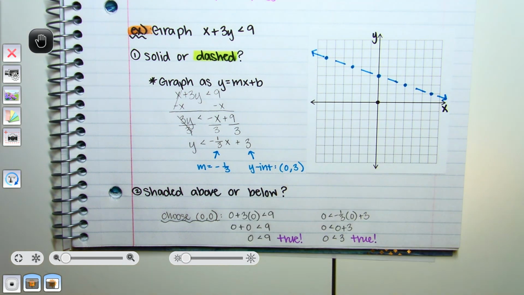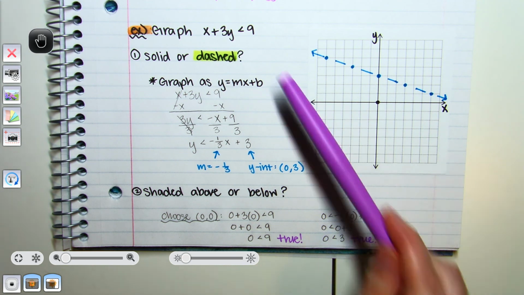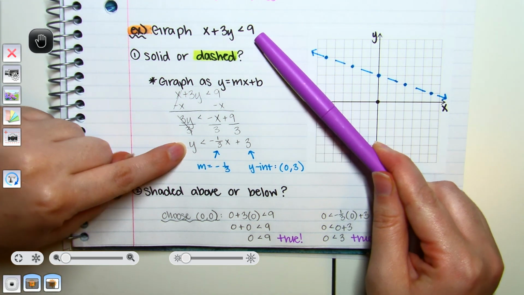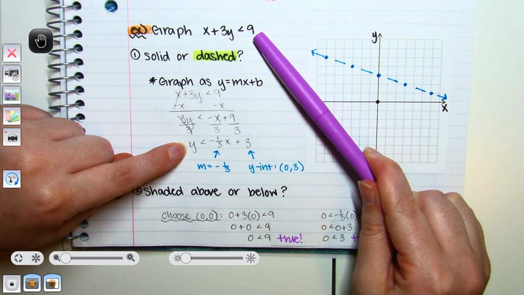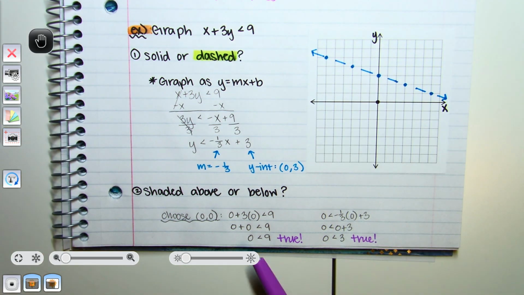All right, now I purposely did not tell you which equation or which inequality to plug it back into before you started. The reason for that is because it doesn't matter. This equation is equivalent to this equation. They're just written in different forms, but they are the same exact line. So I showed you plugging it into both just so that you can see the number that you get is different, but it's still a true statement no matter which one you plug it into.